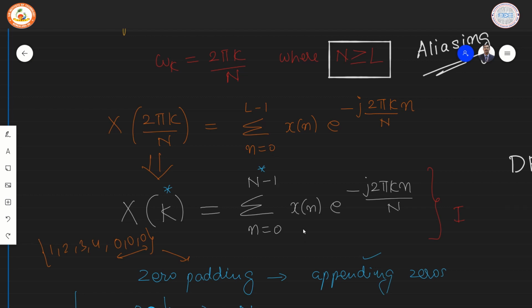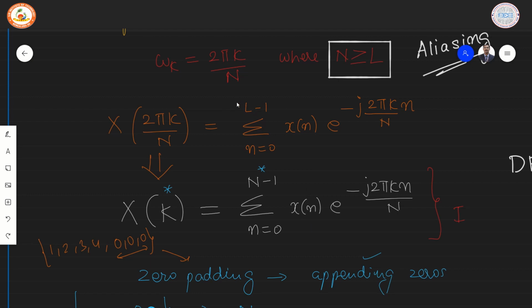On the RHS, we can increase the length of x of n to the value which is called N. This is possible by not changing the sequence, by simply appending a sufficient number of zeros, and this step is called zero padding. Zero padding is a method to increase the length of x of n by appending appropriate number of zeros.